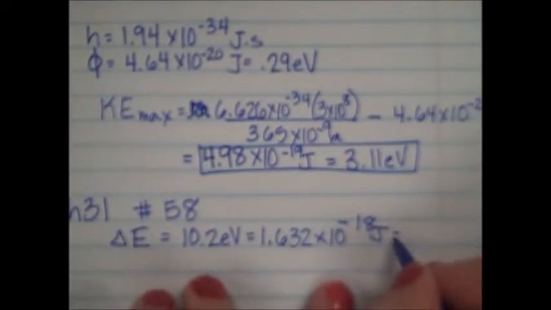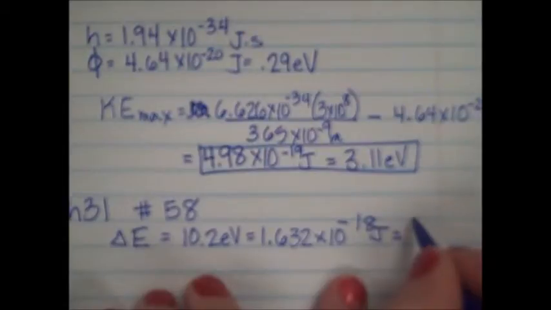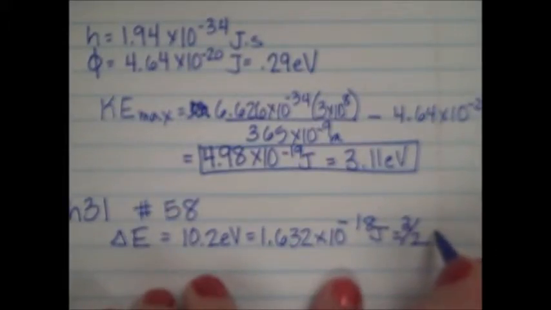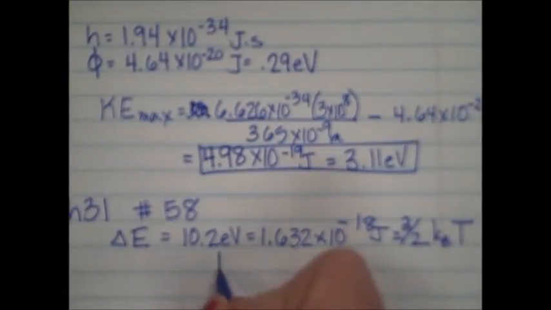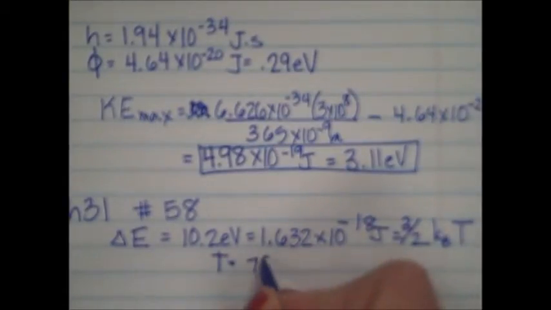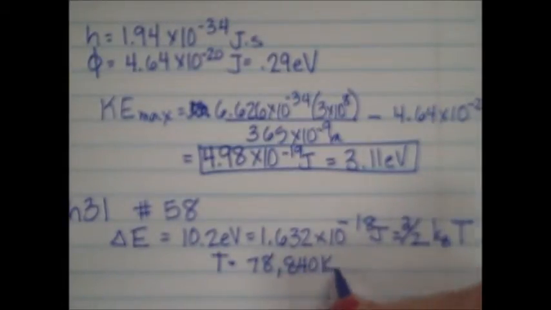Once you had that energy, we could set it equal to the internal energy, 3/2 kB, Boltzmann's constant, times T, the temperature. And I got T to be 78,840 kelvins. Very hot.